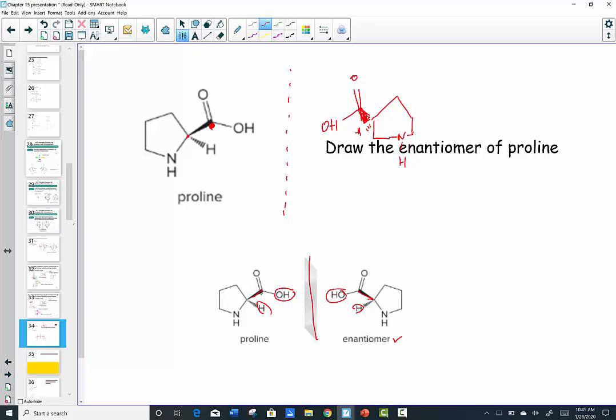So we had one chiral center. That chiral center had the stereochemistry drawn around it. So did you find that? Did you recognize that it was this carbon here that was the chiral center? Excellent. It's kind of fun, just drawing mirror images.